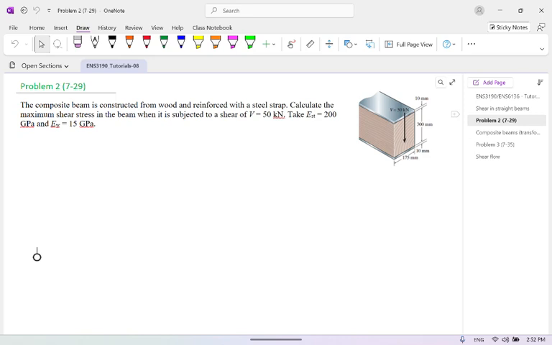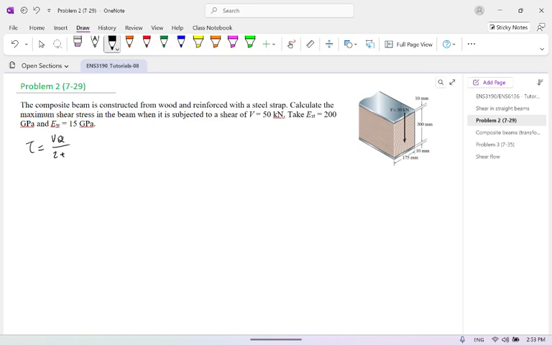To use tau equal to VQ over It, which is only for a single material, we should transform the composite beam into a single material beam.